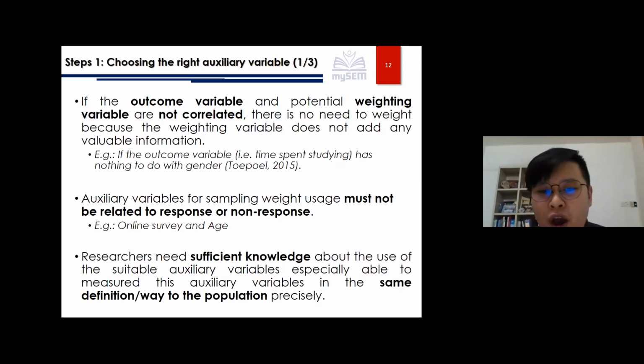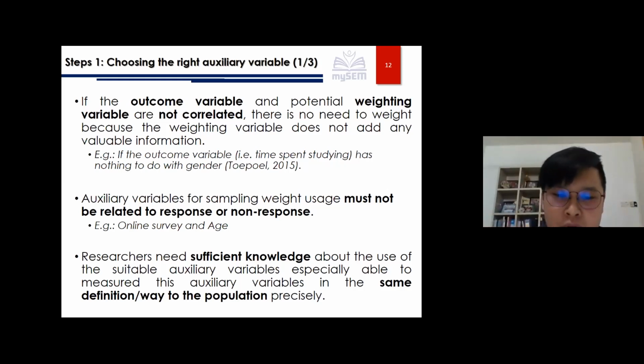For example, if your outcome variable is time spent studying and the weighted variable that you are going to use is gender, there's no correlation between these two constructs. So when there's no correlation between these two constructs, you do not need to adjust any weighted value or weighted vector. So you do not need to adjust anything. Therefore, this is the first rule of thumb: if there's no correlation, do not do WPLS. So that is one thing.